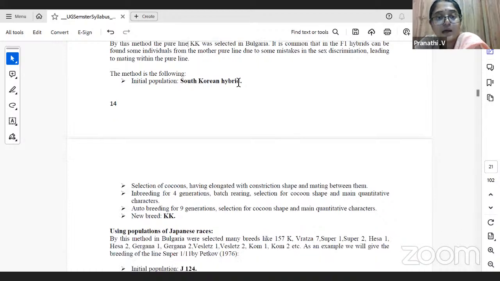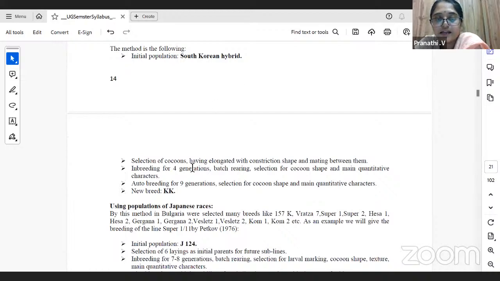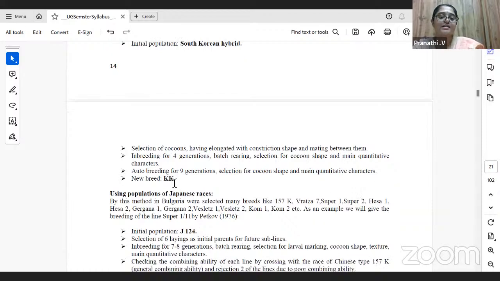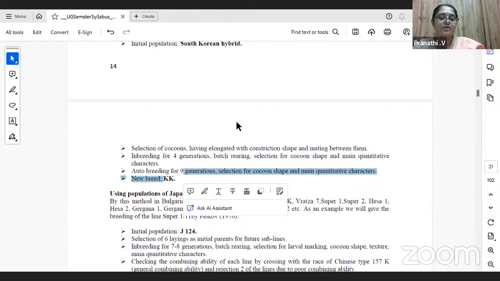So you have the initial South Korean hybrid, and again selection based on the phenotypical characters such as the constricted cocoon, and then mate for 4 generations, and then rear the batch, then select again based on the cocoon shape and other quantitative characters, and perform auto breeding, breeding within the same line. So that is going to be performed for nearly 9 generations. And again, you're going to select based on the cocoon shape and other quantitative characters through which you got your KK, which is the new breed that was formed.